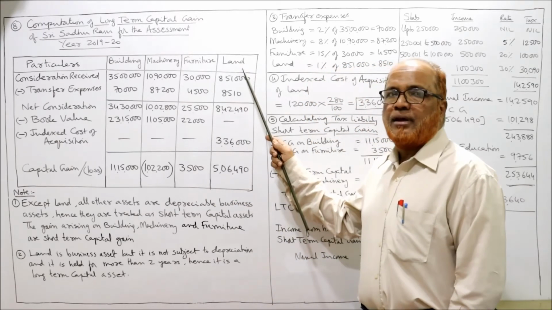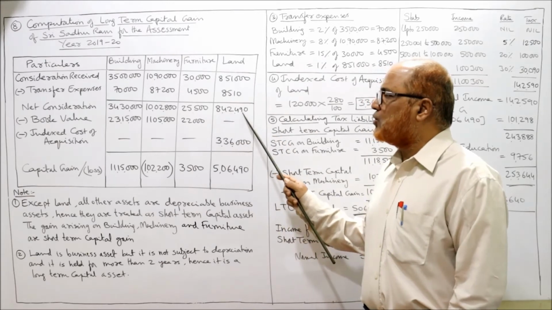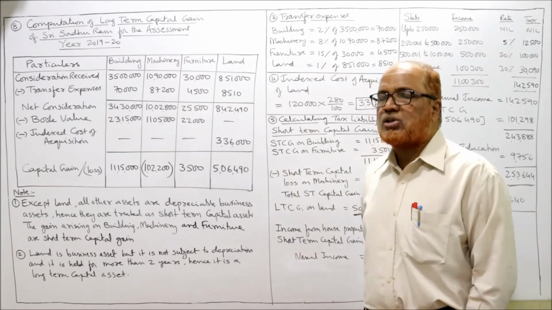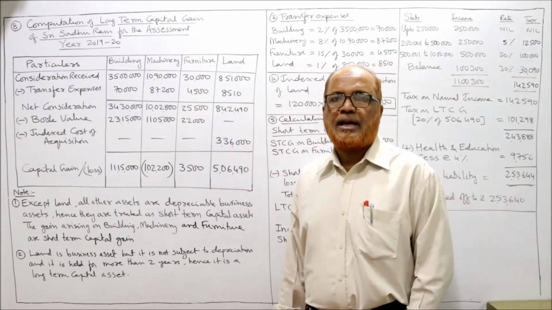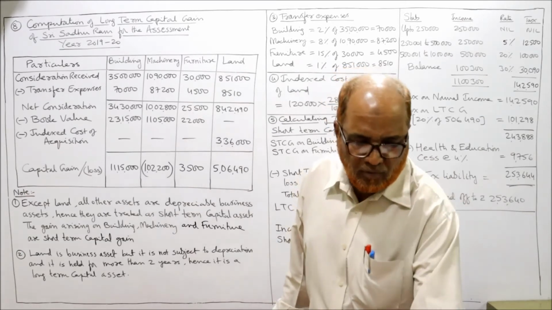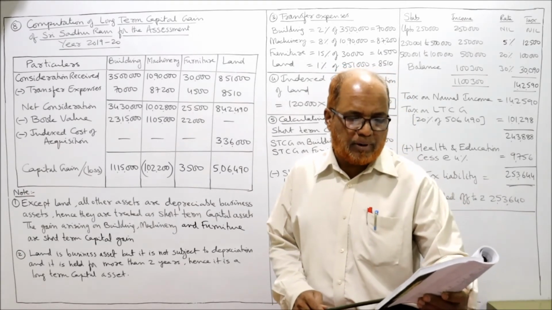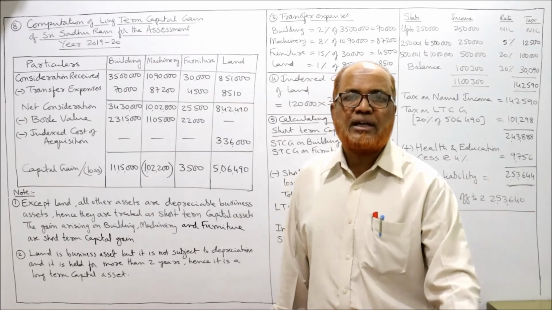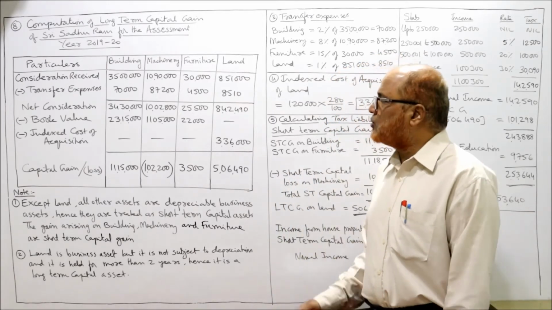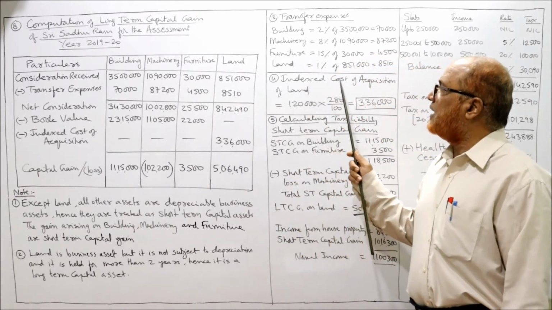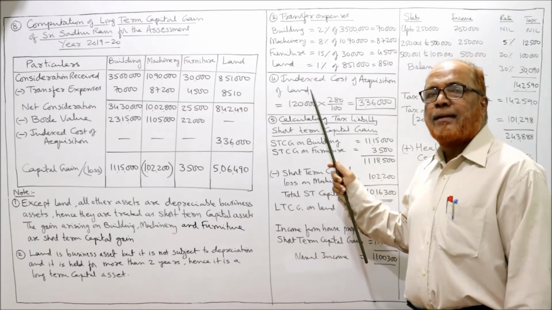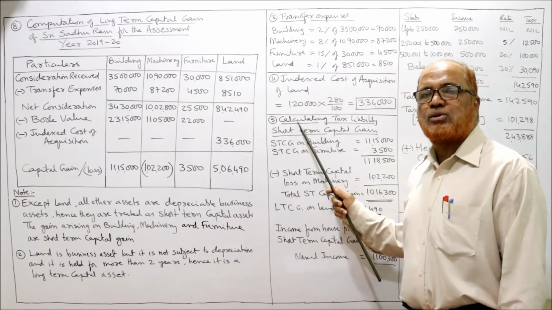Now land. The net consideration is 8 lakh 42,490. Now indexed cost of acquisition. What is the cost of acquisition given in the problem? 1 lakh 20,000 for the land. Here I have calculated indexed cost of acquisition of land. So 1 lakh 20,000 is the cost of acquisition.